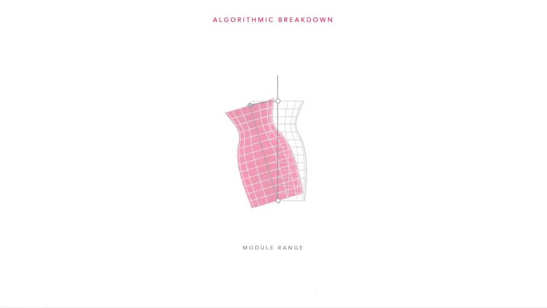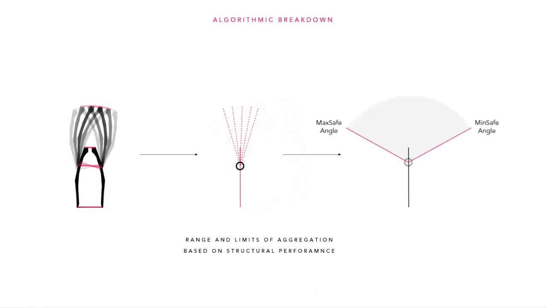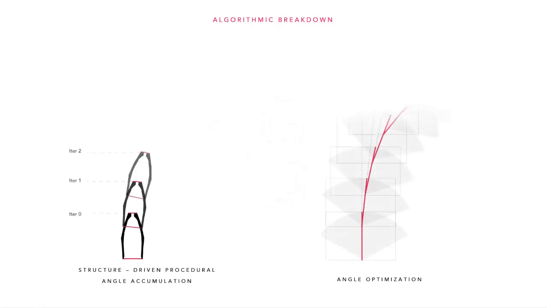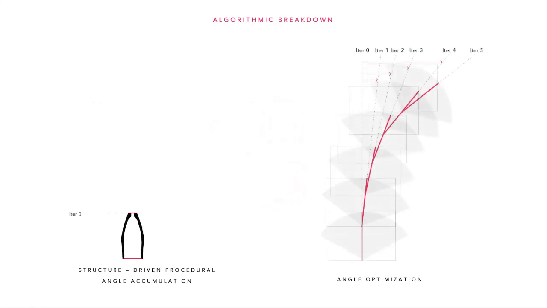The algorithmic breakdown of this problem involves identifying the quantifiable features and limitations involved in working with this technique. It includes understanding the range of aggregation modules and their limitations with respect to the maximum and minimum angles at which they can aggregate. Building upon the same approach, with every aggregation, the range of the module changes relative to the previous module placed.